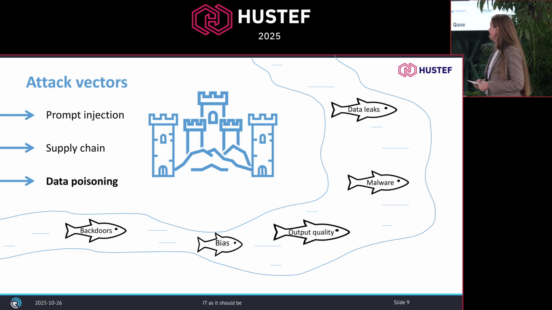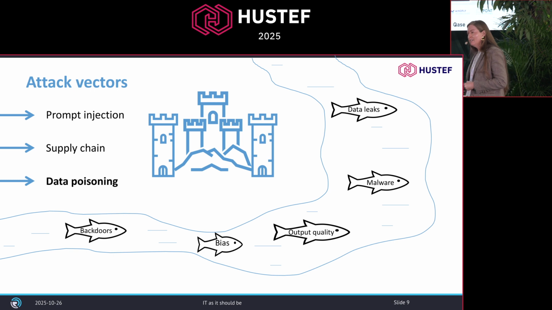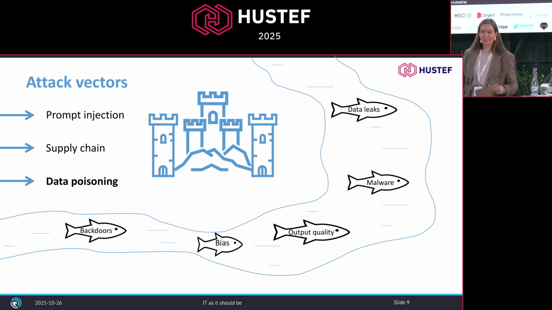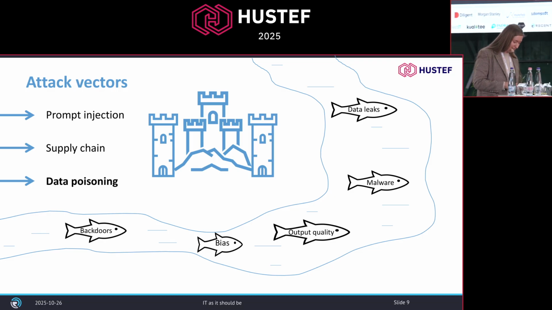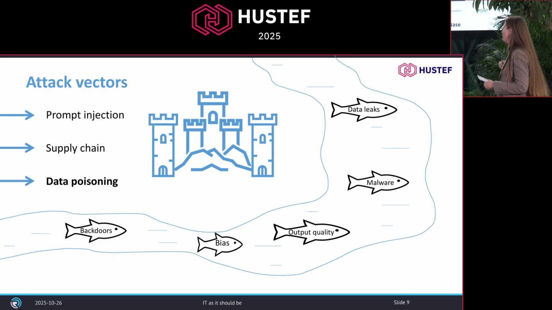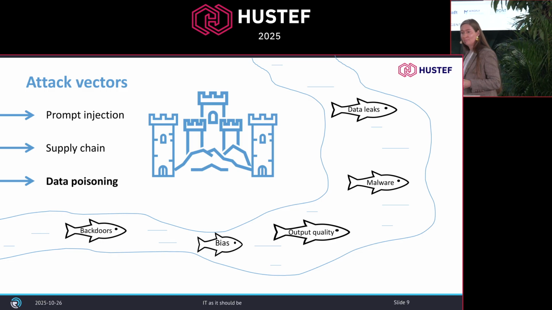The next one is called data poisoning, and it sounds scary. And conceptually, it is really, really scary. Because data poisoning means that an attacker could contaminate the training data or mess with the model parameters directly to harm your system.